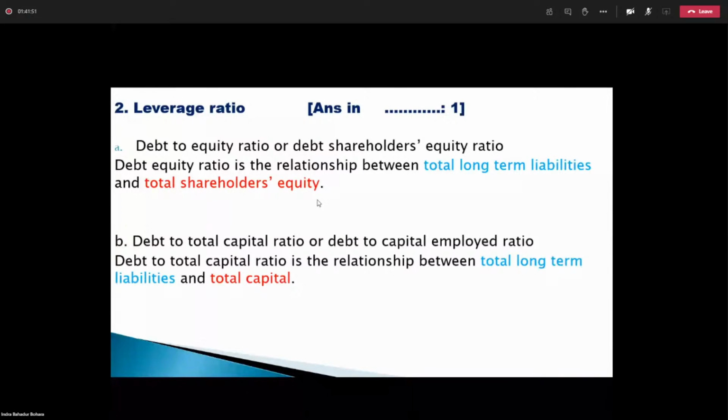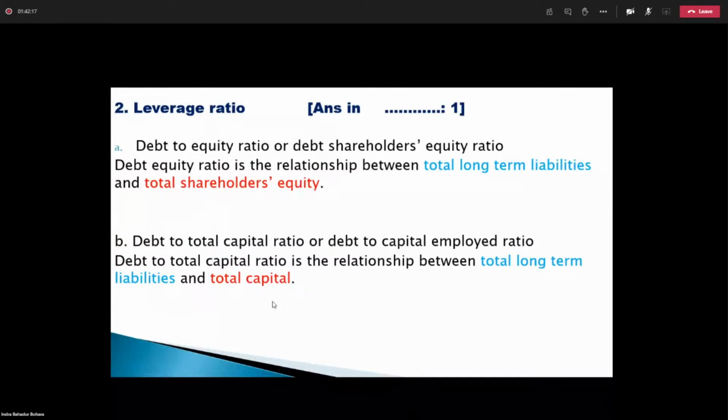So debt to total capital ratio is the relationship between total long-term liability and total capital. Debt is long-term debt. Total capital is capital employed, which is the second factor. So long-term liability is in numerator, total capital in denominator.